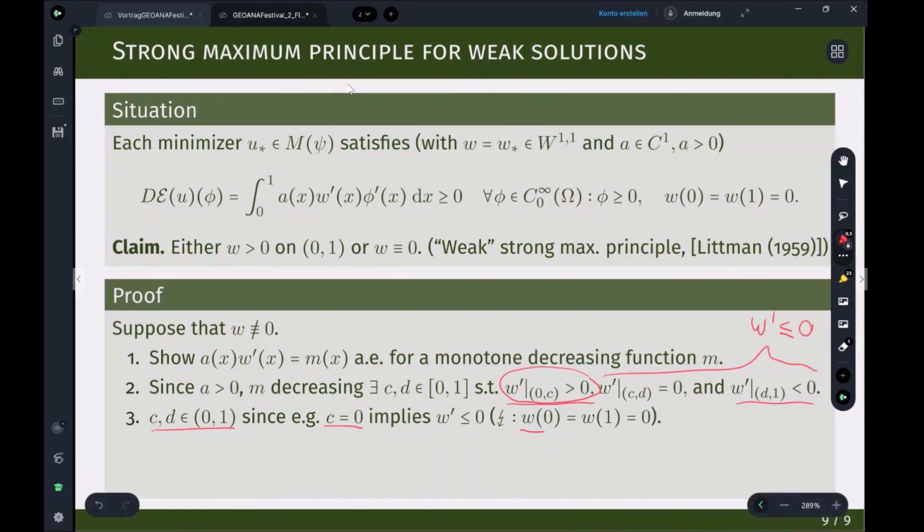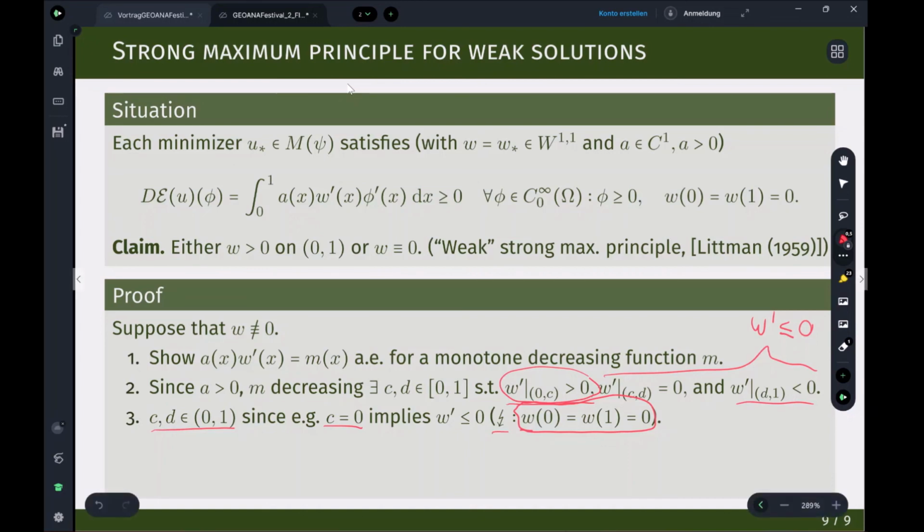But the problem is W takes equal boundary values, namely 0, it attains 0 at 0 and 1, and a decreasing function that takes the same values at 0 and 1 needs to be constant between 0 and 1, so W is identically equal to 0 there in such a case.